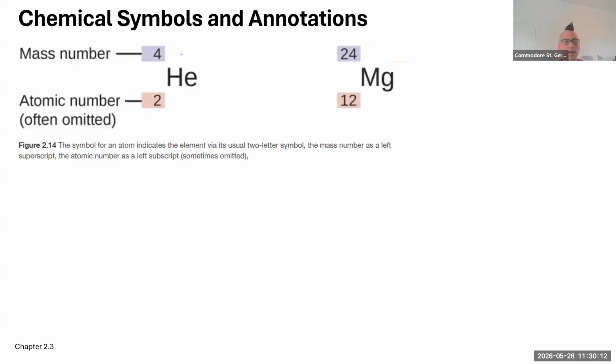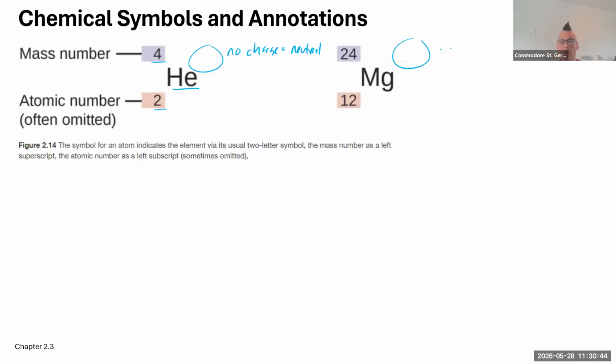And this is the chemical symbol and annotation for helium-4. It's always going to have 2 protons. And since it has a mass number of 4, that means it has 2 neutrons. Magnesium, same thing. Atomic number of 12. This specific one has 12 neutrons, so it's a mass number of 24. But when there are charges, and these are neutral. So here we're going to put no charge equals neutral.